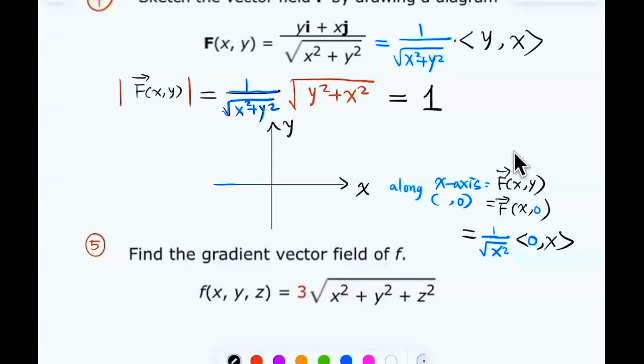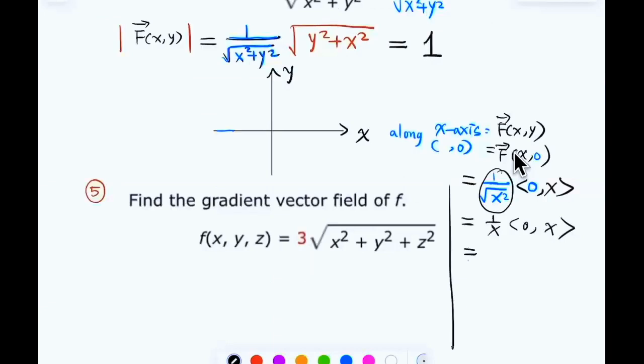This one here is just 1 over x, right? Simplifying here, this is going to be 0, 1, right? So along the x-axis, all the vectors will be 0, 1. How does the 0, 1 vector look?